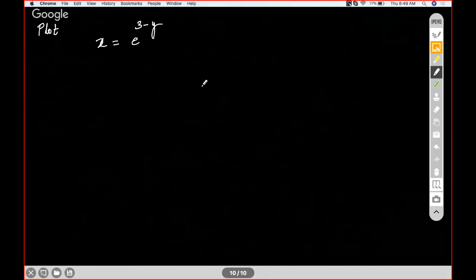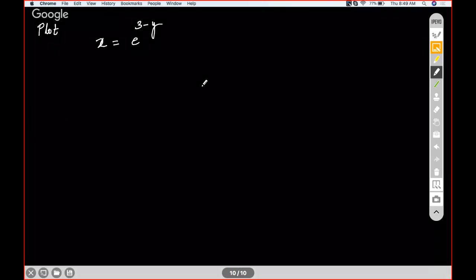So basically, I'm gonna move it three units to the left. If I move it 3 units to the left, my point on the y-axis, which was 0, 1, will be minus 3, 1.